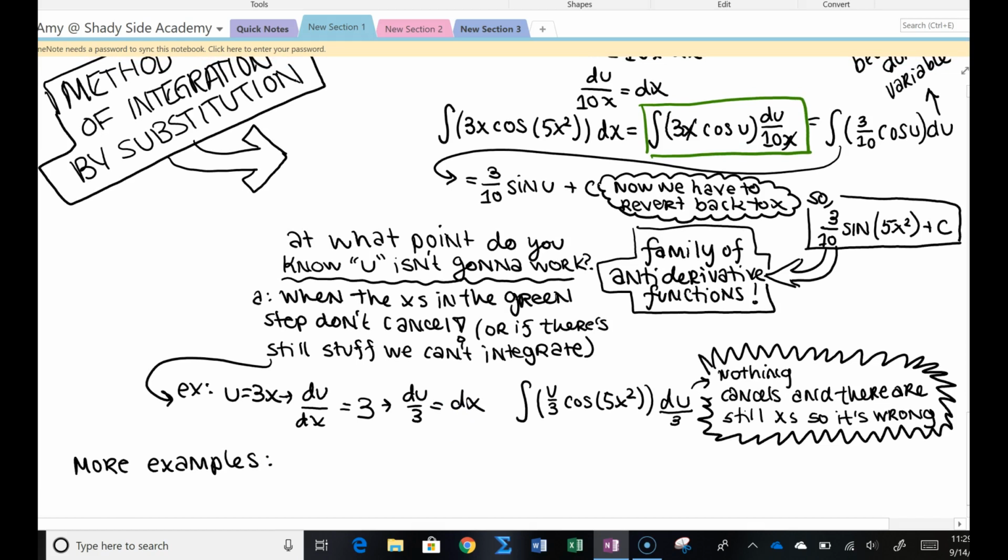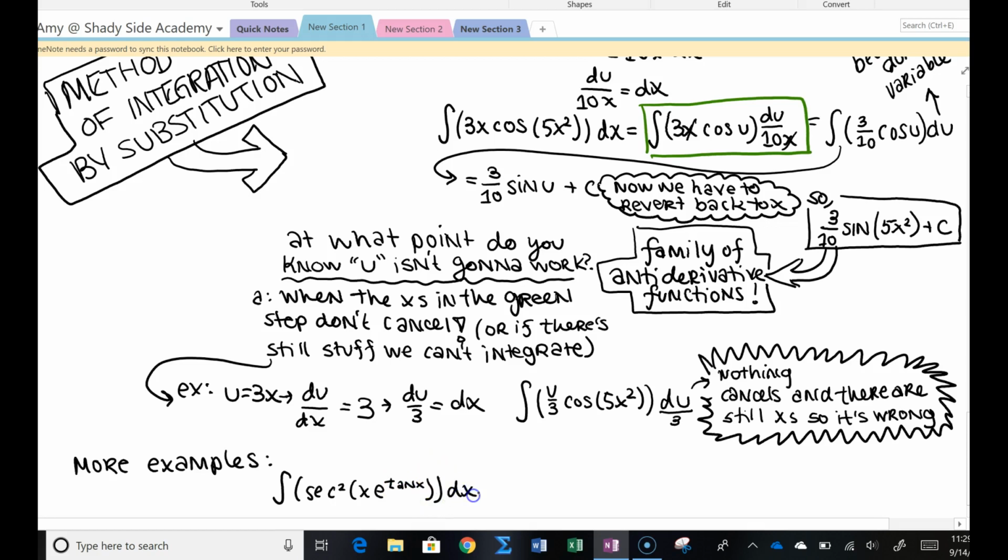The antiderivative of secant squared x e to the tan x.